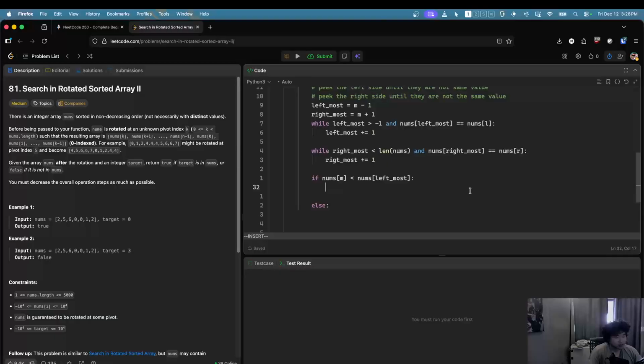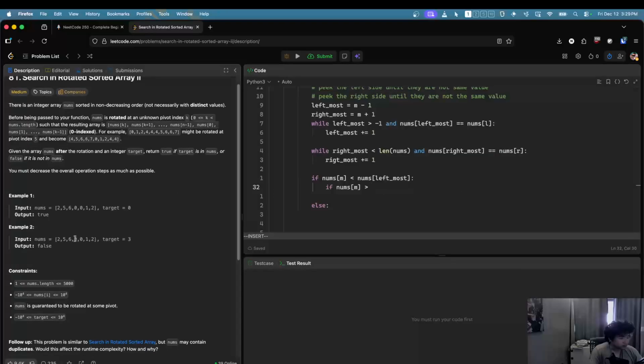Now there's 2 cases. Where do I go? Okay. So first thing is if nums of m is greater than target. Well, now, okay, that's not gonna be good. Let's do this one here. So probably, I think this is the middle. So we found the pivot.